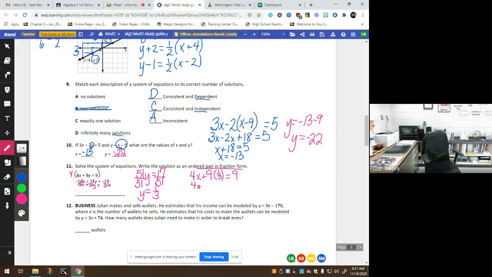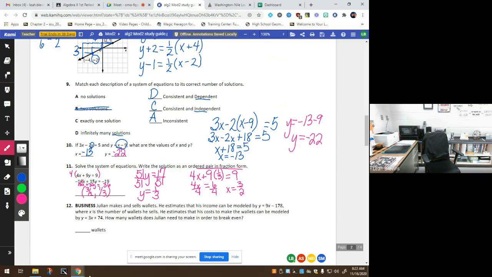So 4x plus 3 minus 3 equals 9 minus 3, which is 6. Divide by 4. X equals 3 halves. So my solution is, now be careful, even though we solved for y equals 1/3 first, we still have to list it in the ordered pair, 3 halves, 1/3, x comma y. Be sad to do that entire problem, all that work, and then write the ordered pair backwards and miss it.